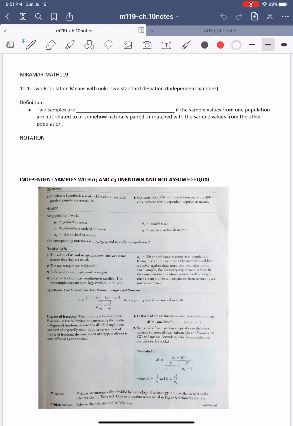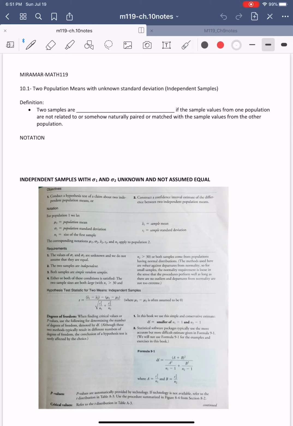But everything now will be, instead of t-test, we have a two sample t-test. Instead of z-test, we have two sample z-test. One prop z-test moved to two prop z-test because we have two sets of samples. So let's begin with couple definitions and then get to notation and then jump with the examples.